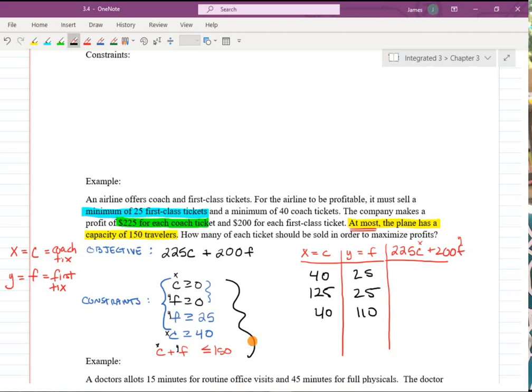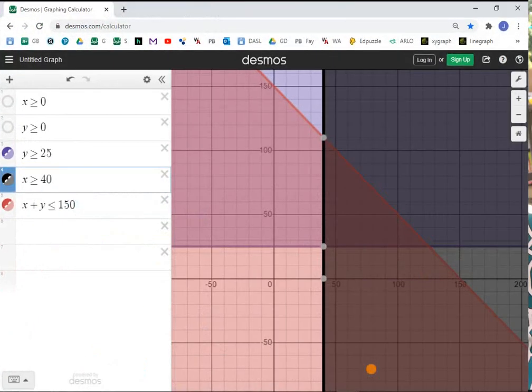And those are the only 3 points out of all the points in the coordinate plane that are going to satisfy these and at the same time maximize that. Okay. Everything, just kind of looking at the picture here, see if I can highlight that feasible region for us real quick.